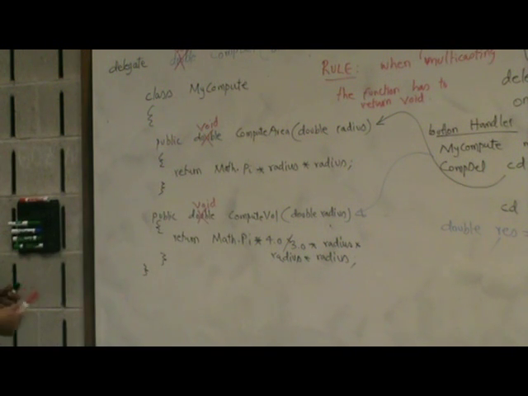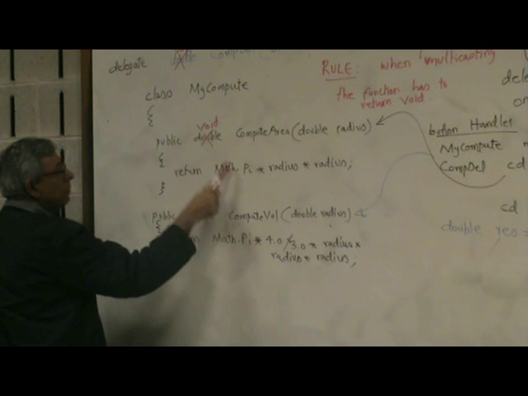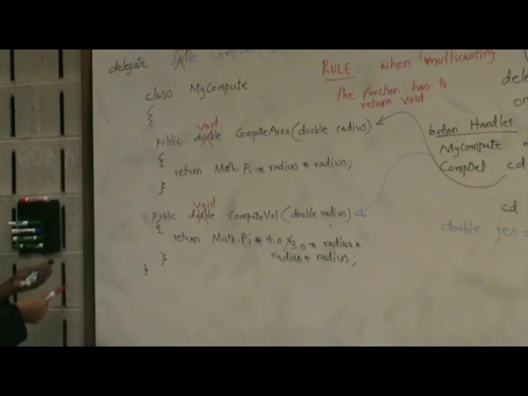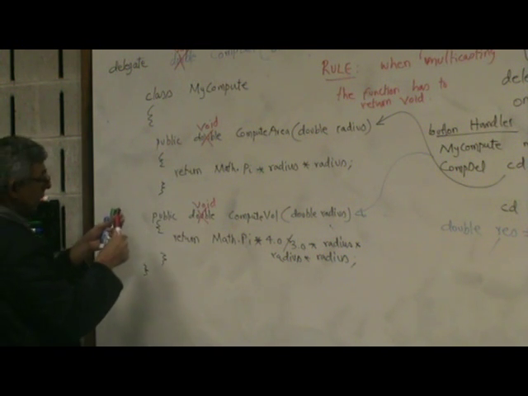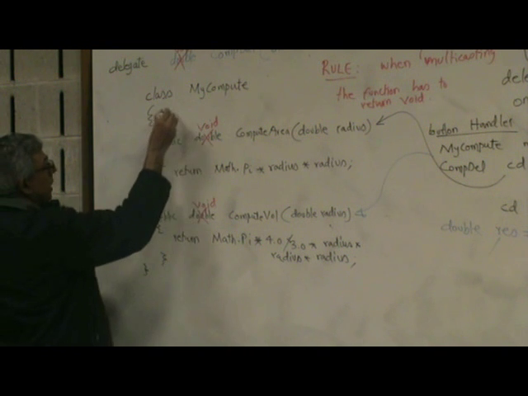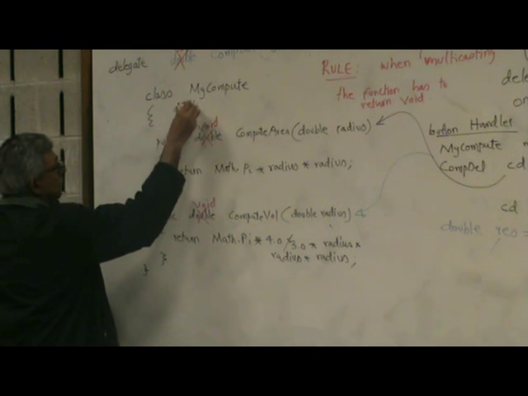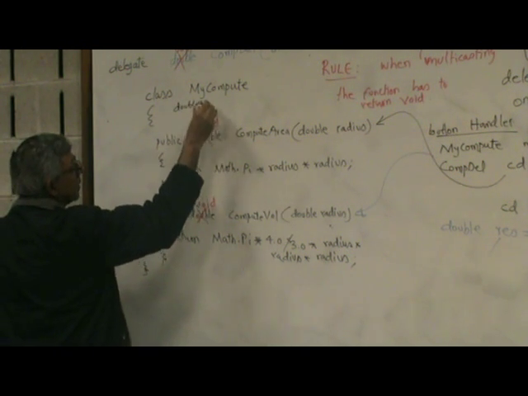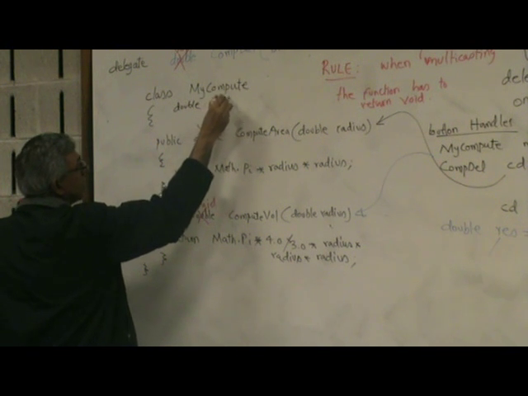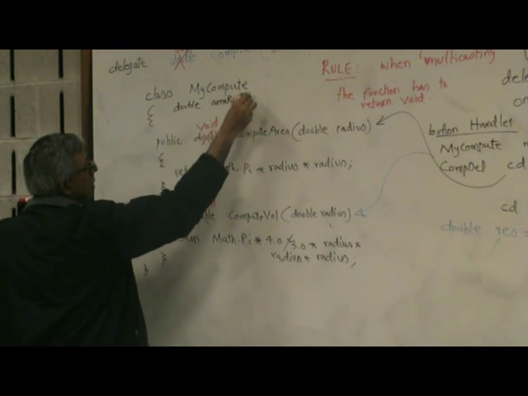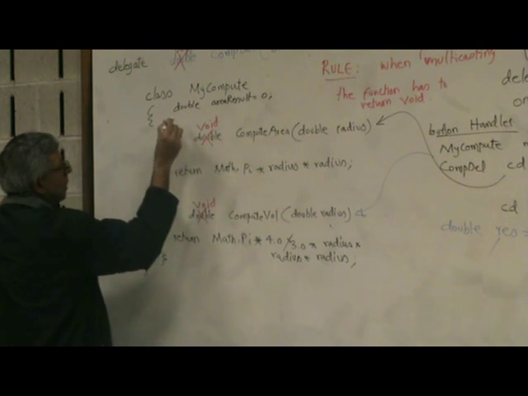So this is what we'll do. Inside this class, we'll create a read-only property. This function will modify the read-only property. So for example, let's do this. Let's create double, and let's call it area result equal to 0.